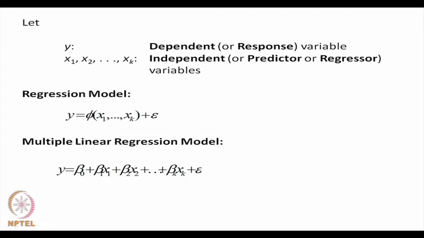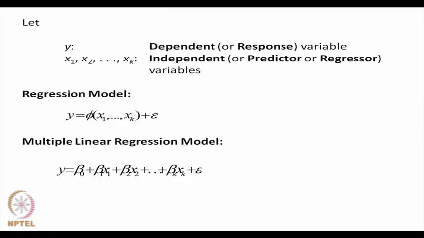Now, let us go for determining how the regression parameters are actually estimated. Let y be the response variable or the dependent variable, and x1, x2, xk, I am now considering more than one independent variable. I am considering k independent variables, and one dependent or response variable.